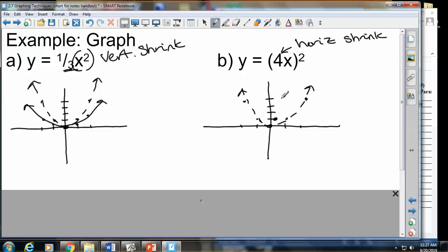This has an x value of 2. 2 divided by 4 is 1/2. Here you're at negative 1. Negative 1 divided by 4 is negative 1/4. Negative 2 divided by 4 is negative 1/2. So that horizontal shrink just mashed our graph in.